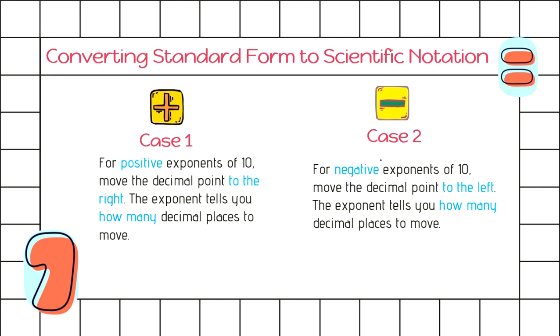For case 2, it's just the opposite. For negative exponents of 10, we have to move the decimal point to the left. Meaning to say, we're just doing vice versa. If we can convert from scientific to standard, we can also go back from standard to scientific notation.